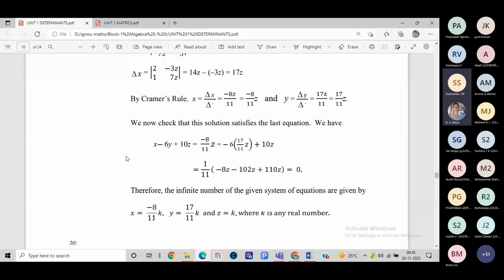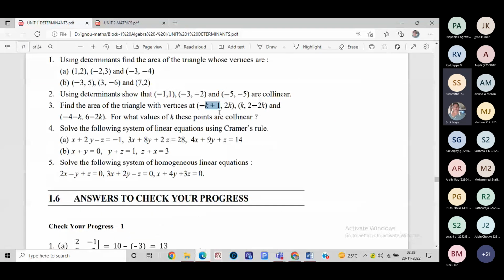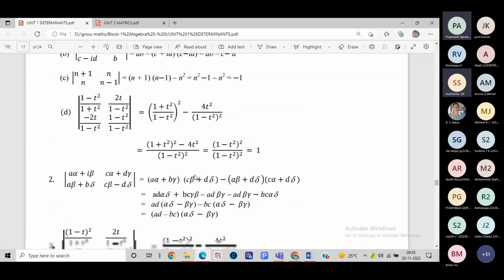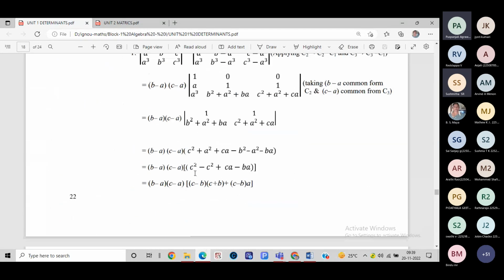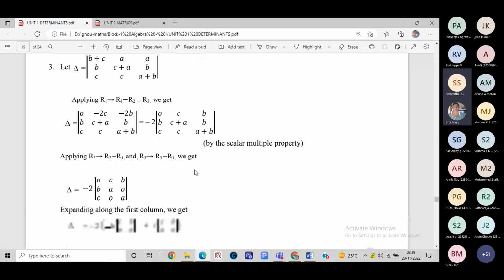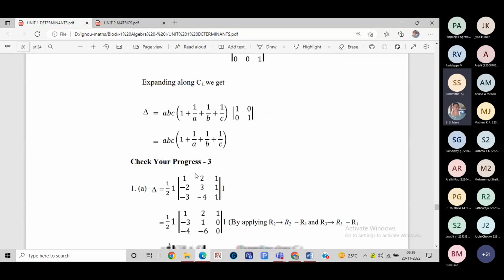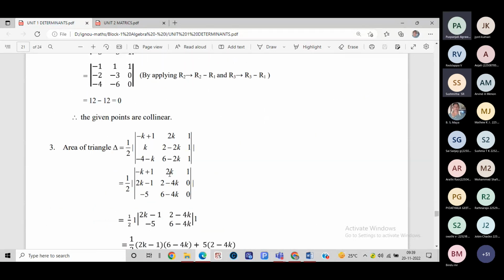For the solution, they should be collinear, and the answer should be 0. Now check it out. What is the formula for area of triangle? 1 by 2 into the determinant value. What is the determinant value?